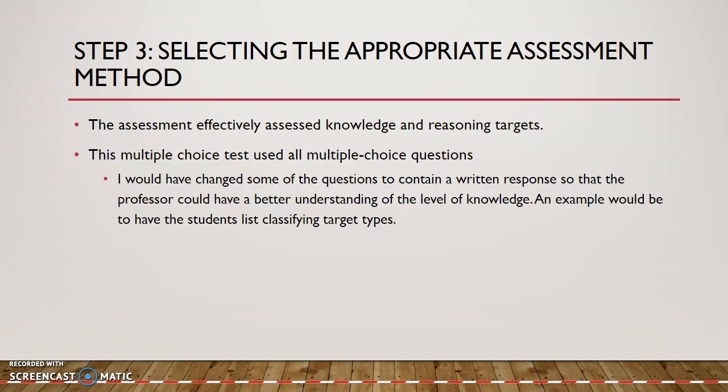This type of test is kind of unforgiving: if you get it wrong, even with any supporting documentation, the professor or the instructor may not know why you thought that way or what your line of thinking was. That information could definitely help you when you decide to reteach or go back over information. So adding the written response is one thing I may have added to my assessment.